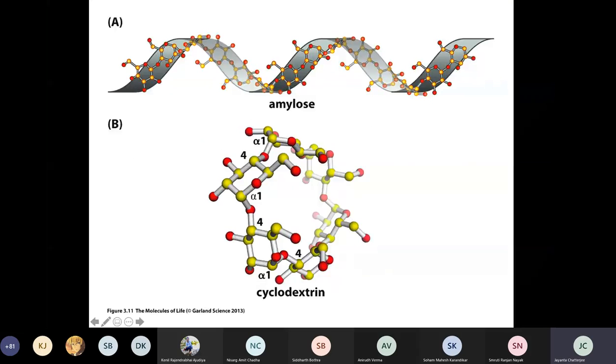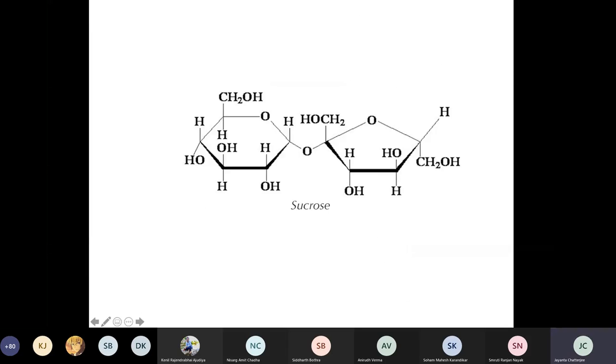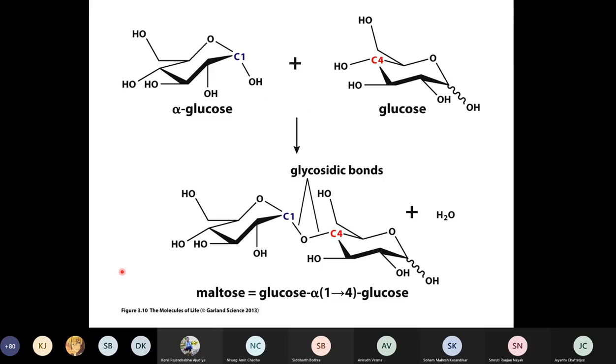When you say that it is a step-like structure, it is in a single plane. It is somewhat planar. All the steps are in the same plane, but a helix is a 3D structure.